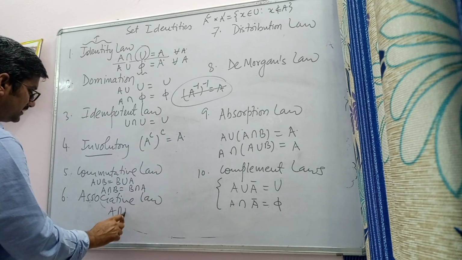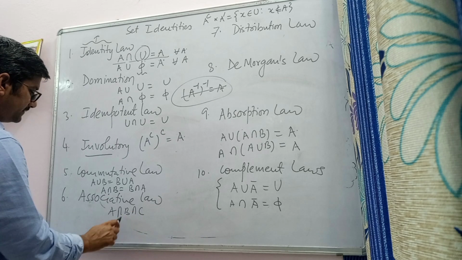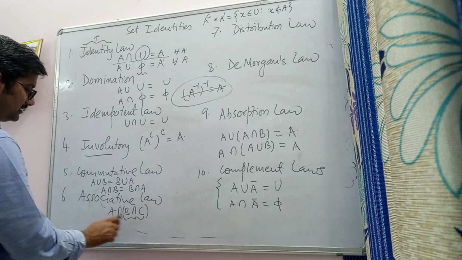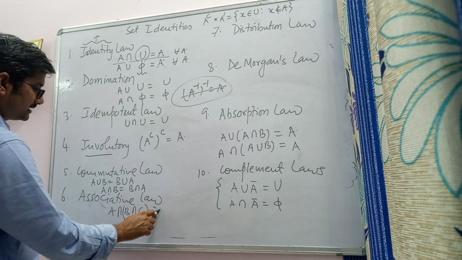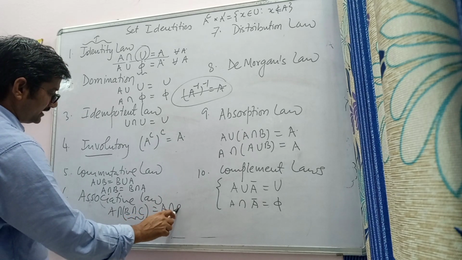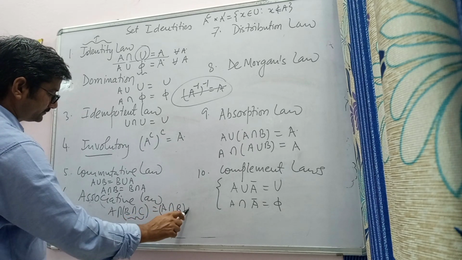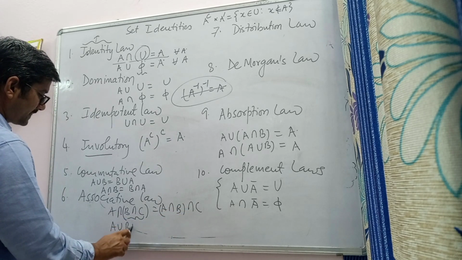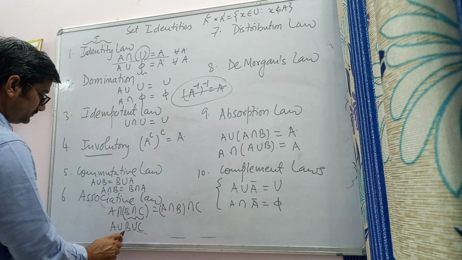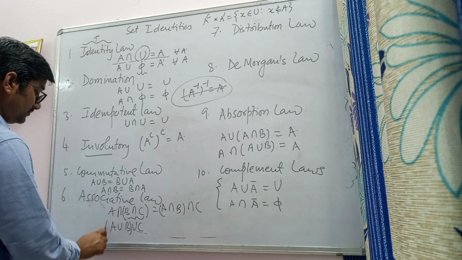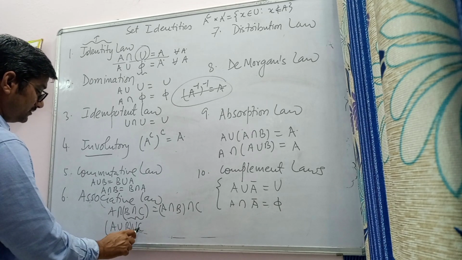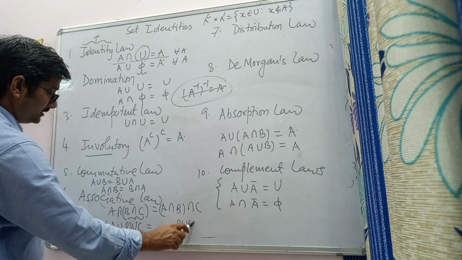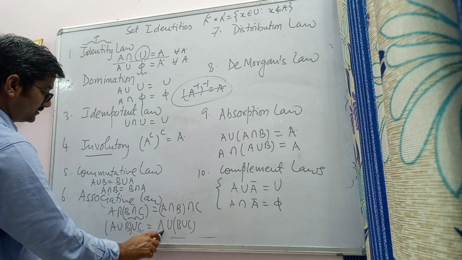You have three sets, say A, B, C. Whether these two are associated first or these two are associated first, the value remains the same. And similarly for union, A union B union C is equal to A union the union of B and C. Okay.